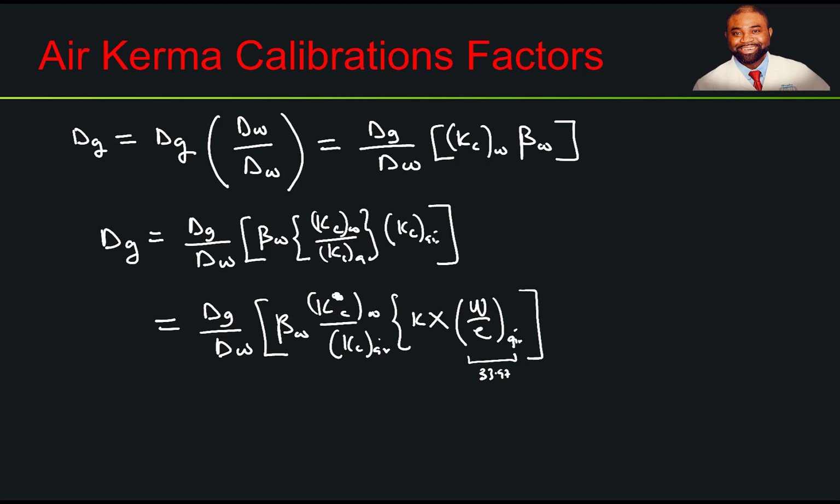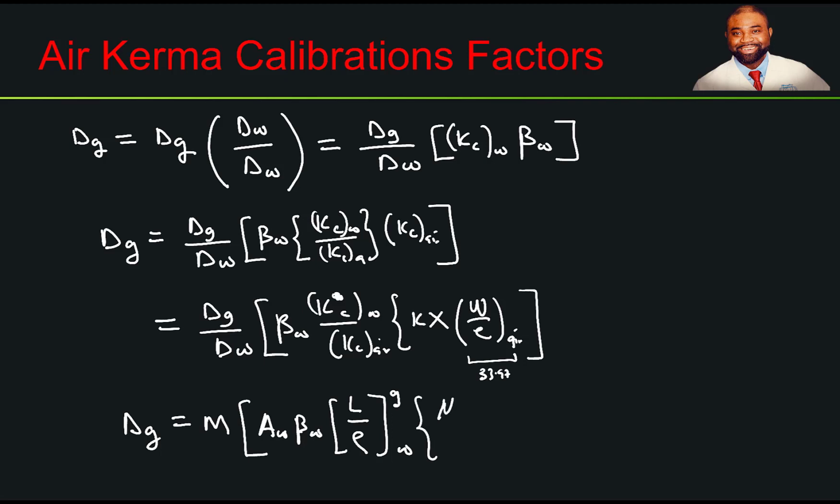And so we can further simplify this to show that D gas is equal to M multiplied by A wall, beta wall, the ratio of the restricted stopping power of gas to wall, the ratio of the average mass absorption coefficient of wall to gas, Nx, K, E, W over E of air.